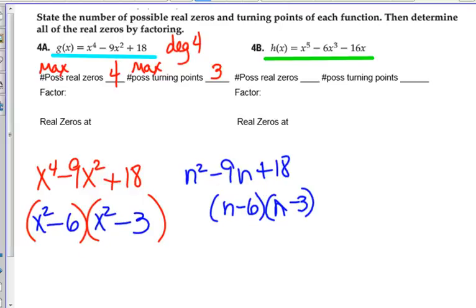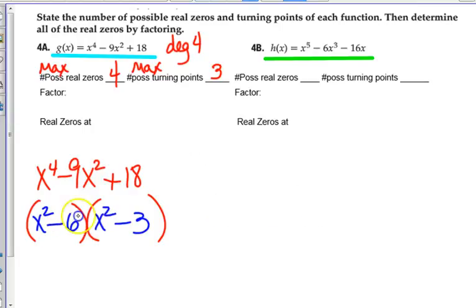Kind of FOIL that back together in your head and make sure that makes sense. X squared times x squared is x to the fourth. A minus 6x squared minus 3x squared gives us the middle term. We okay? All right, so that is the factored form: x squared minus 6 times x squared minus 3.